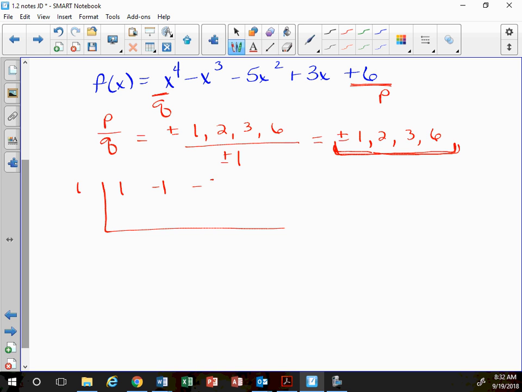1, negative 1, negative 5, 3, 6, then 1, 0, negative 5, negative 2. Is that going to work? Am I going to get 0 as my remainder? Did I go too fast? You guys are good with adding and multiplying.